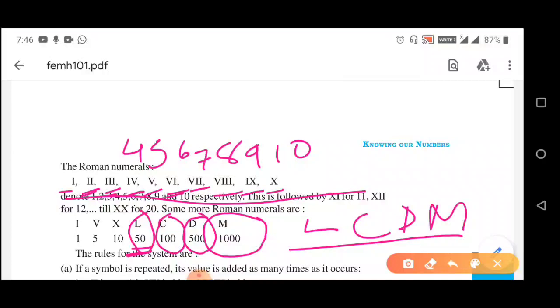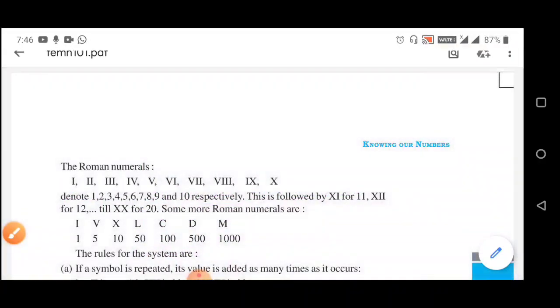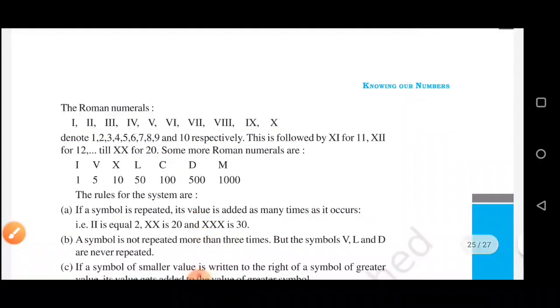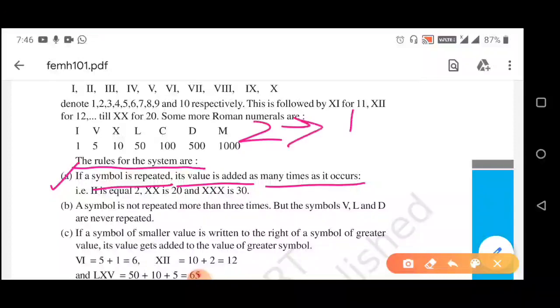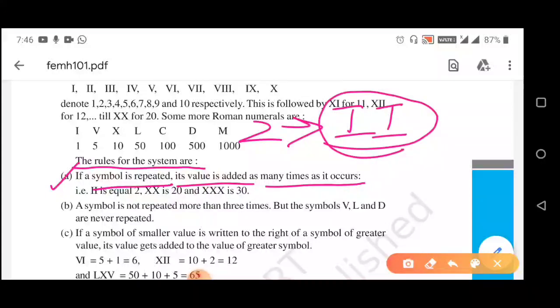Now, there are some rules to write Roman numerals, and these rules are: the first rule is, if a symbol is repeated, its value is added as many times as it occurs. Now see here, for 2 we will write II. So here we repeated I, so its value is added.